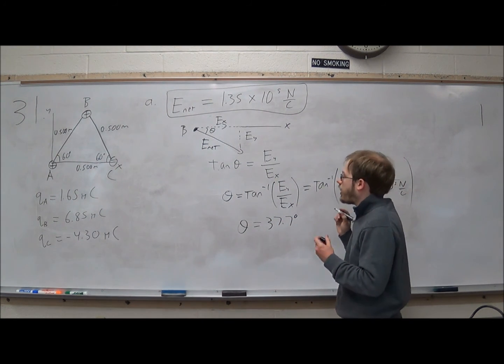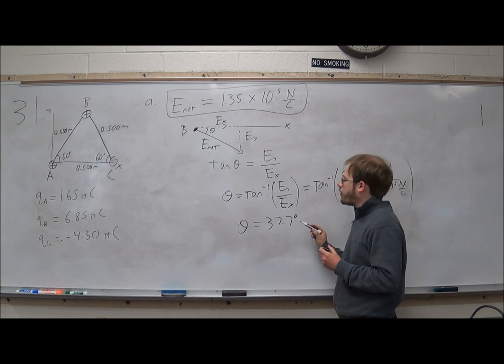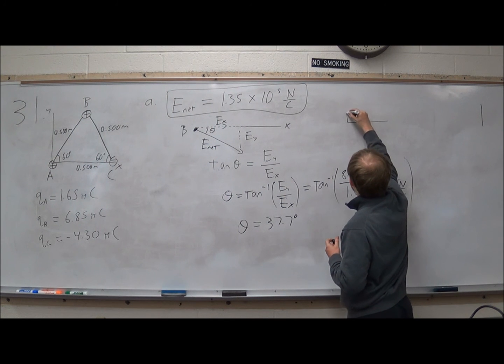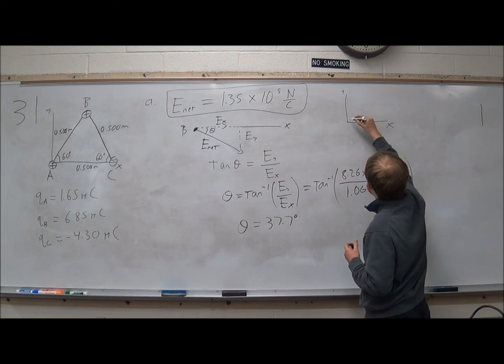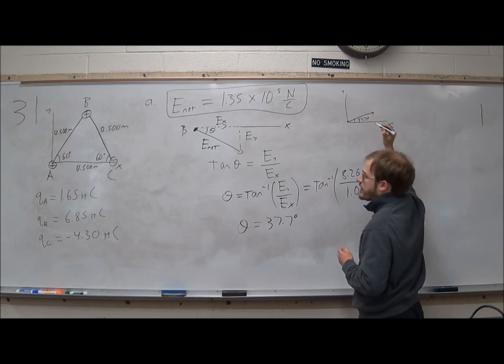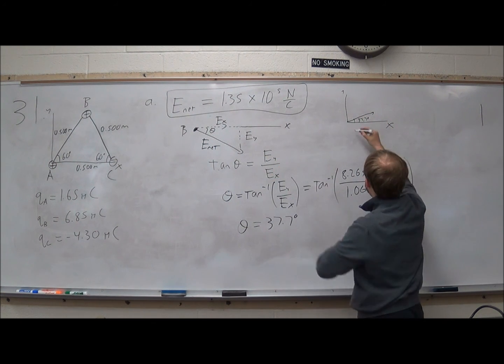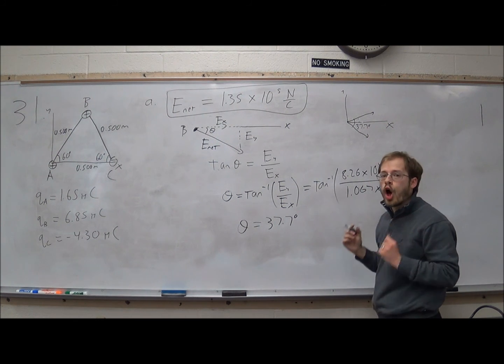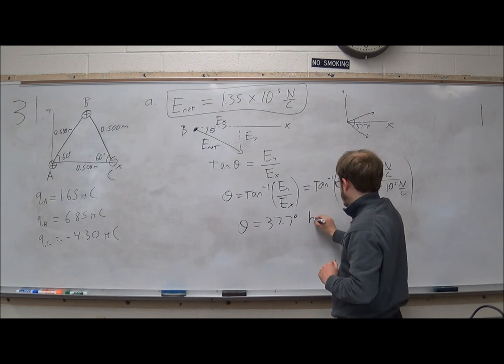Note here, though, we have to be careful. Note that this is not 37.7 degrees above the x-axis. So if we do a little y-axis here, this would be 37.7 degrees above the x-axis, but note that is not what we have here. We have this guy right here. So the angle is 37.7 degrees below the x-axis. Below x-axis.